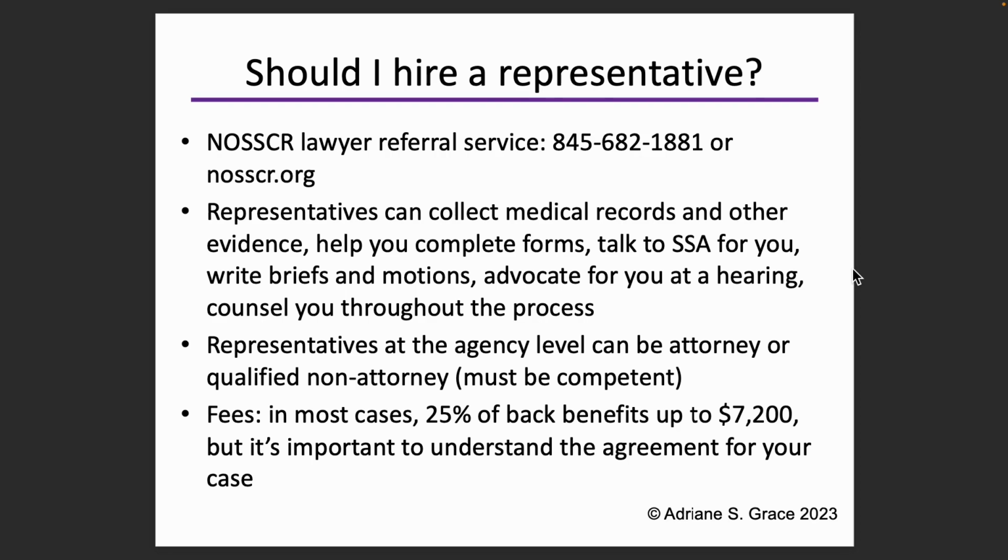If you hire a representative to represent you before the agency, meaning they're telling you, oh, I'll submit all the paperwork for you, I will talk to Social Security for you, I will represent you on this claim, they must report any fee they charge to you to the agency.